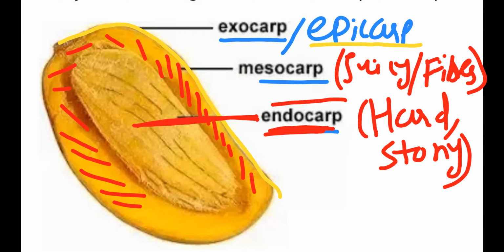So if the pericarp becomes thick and fleshy, it is differentiated into three: epicarp, mesocarp, and endocarp.